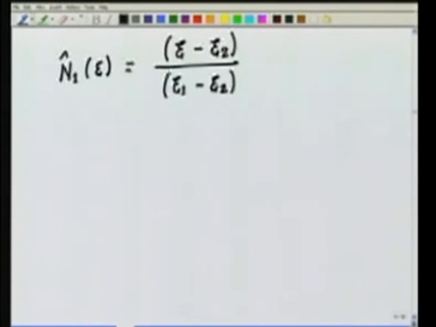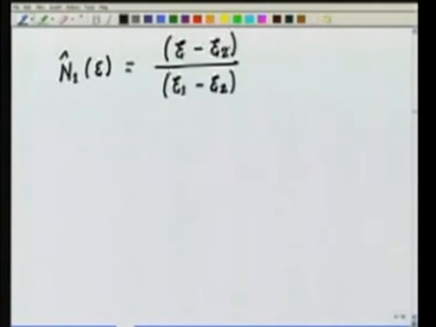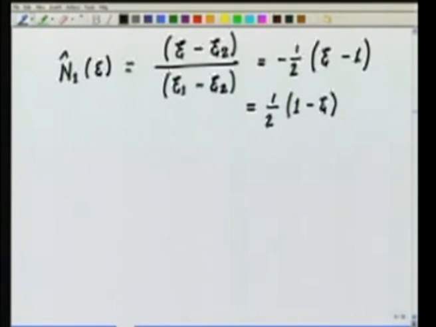Now psi 1 minus psi 2 is equal to minus 2, and psi 2 is 1, so it is going to be equal to minus half into psi minus 1. So this is going to be equal to half of 1 minus psi. This is the definition of the first linear shape function.